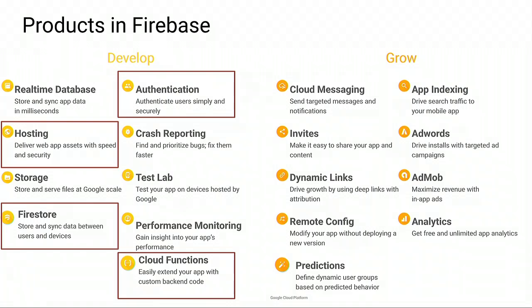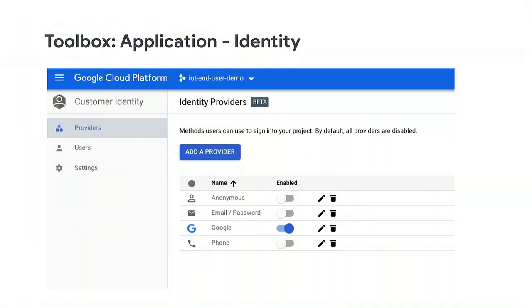Authentication is customer identity management; I'll get into that in a sec. Hosting is static hosting. Firestore is a document database. And cloud functions is the same backend infrastructure shared between Google Cloud Platform and Firebase for executing lightweight functions.